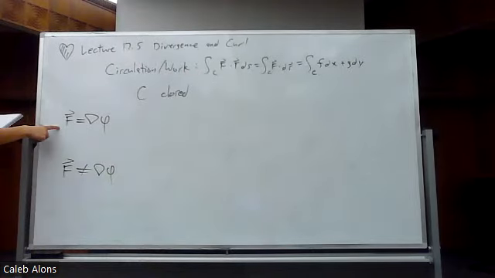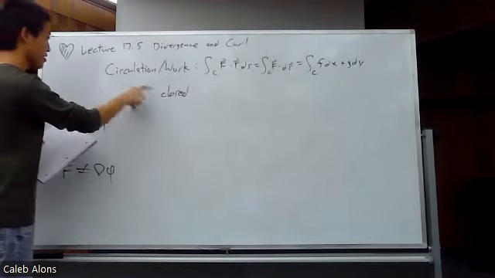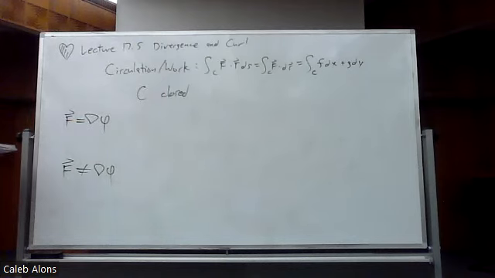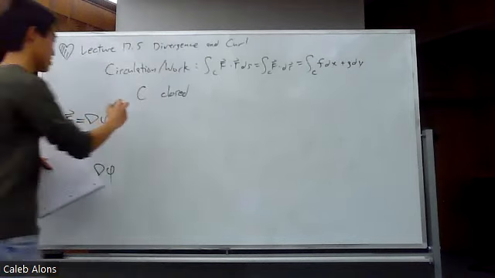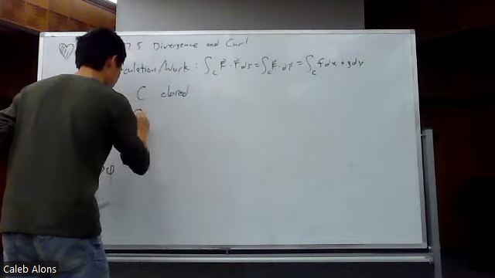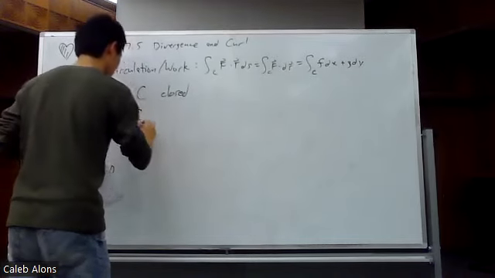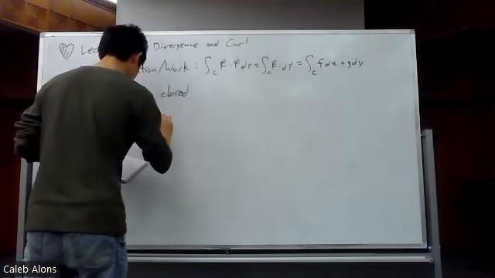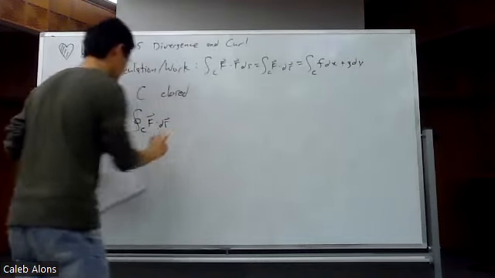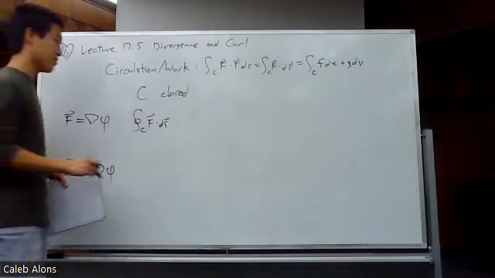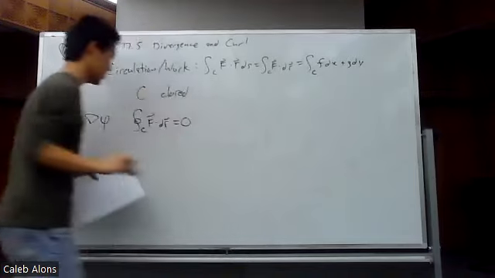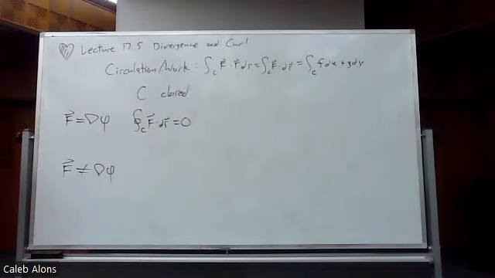If we have a conservative vector field and we're doing circulation over a closed curve, do you remember what that was? Yeah, 0. If you start and end in the same spot, the change in potential is always 0. If you don't have a conservative field, you resort to Green's theorem.